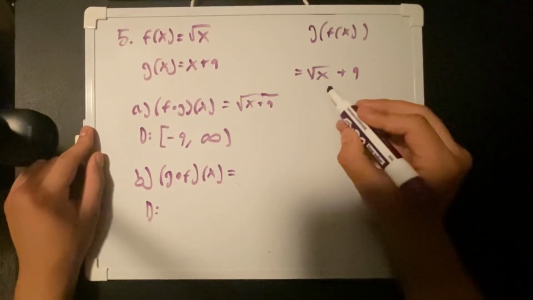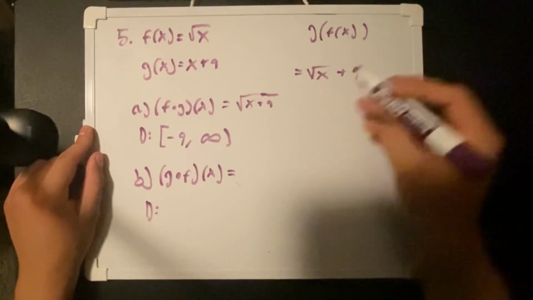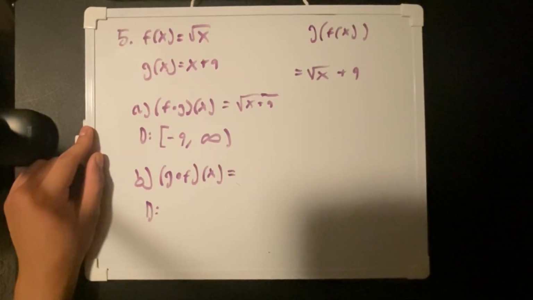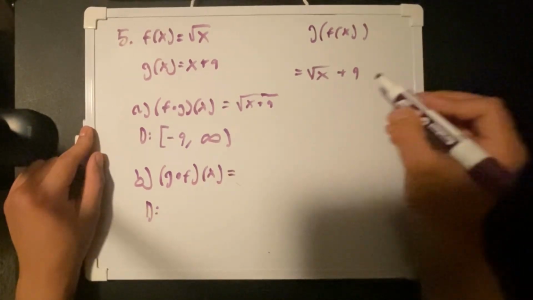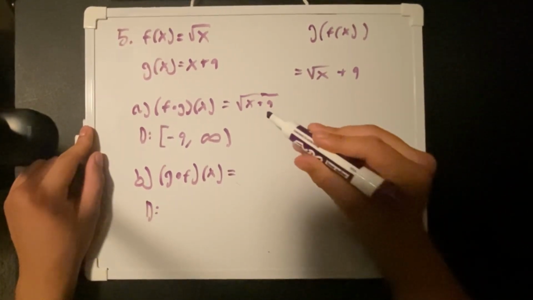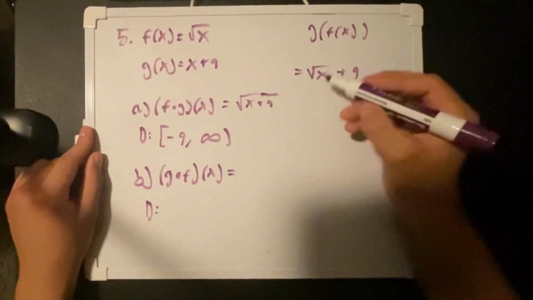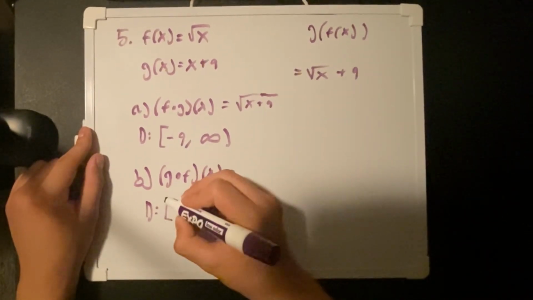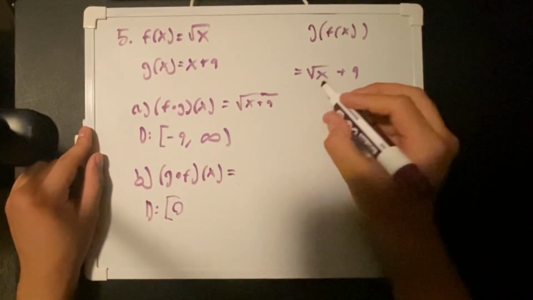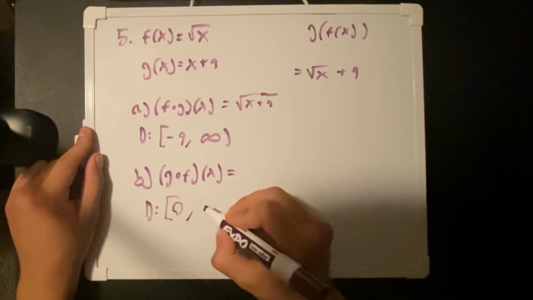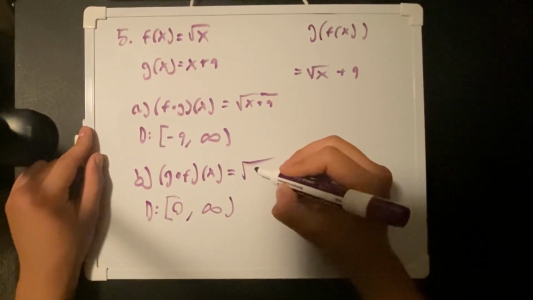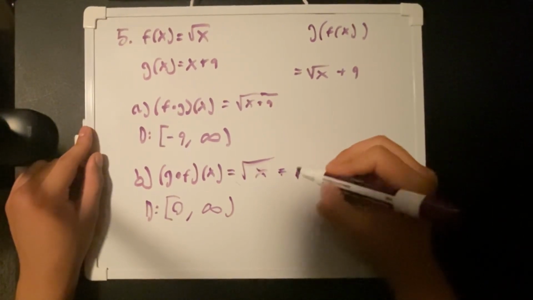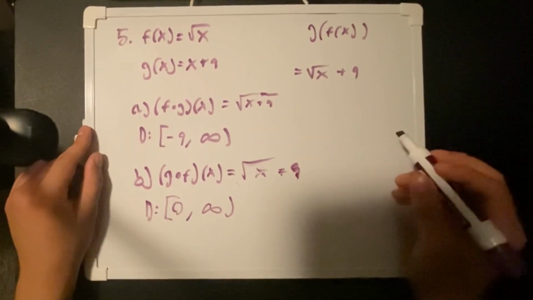Now, for x, we do not need to figure out the domain by setting it equal to 0. Instead, we know that x is just by itself because plus 9 is not included like in this solution. So, as I said last time, we are just going to be left with 0 since it's a square root, to infinity. And let's also write our answer here. And that is how you solve this solution.